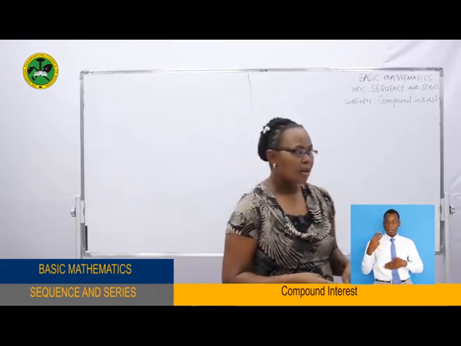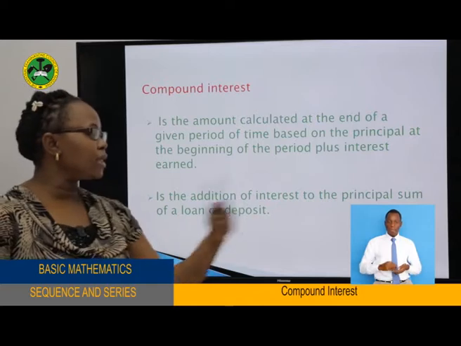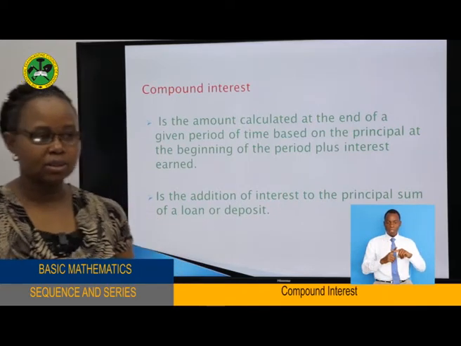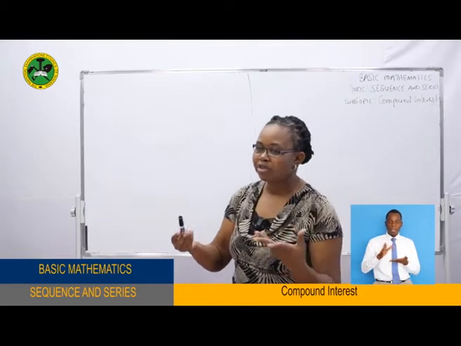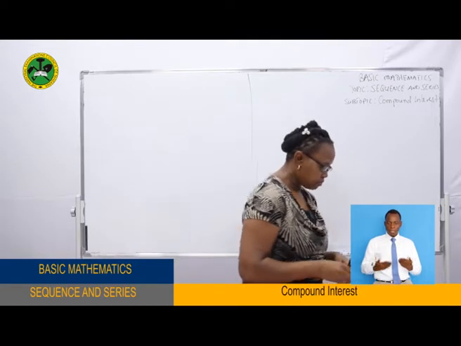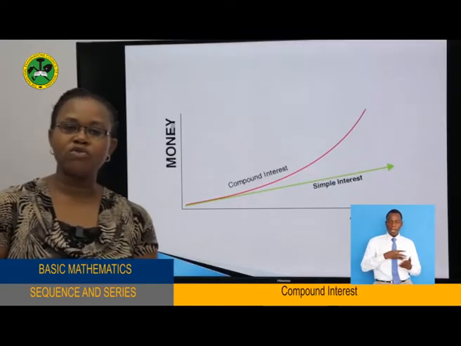We can also say that compound interest is the addition of interest to the principal sum of a loan or deposit. My dear students, let's see the graph which will explain compound interest to us.